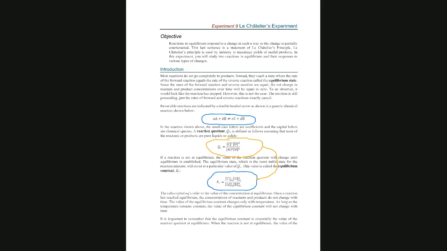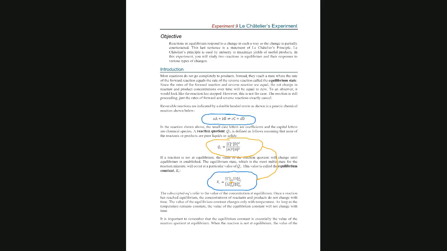But what is the only difference between these two expressions? In K, the equilibrium constant, we use equilibrium concentrations. That's why here it says equilibrium. But if I disturb the system in any way, I won't have a system in equilibrium initially. So I need to use this Qc that has the same expression, but the concentrations are not going to be the same as initially.